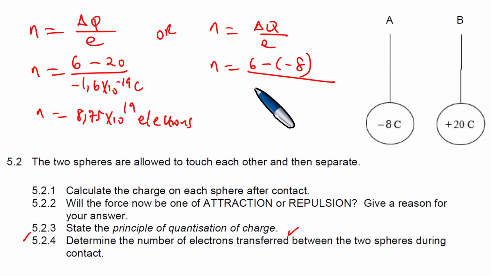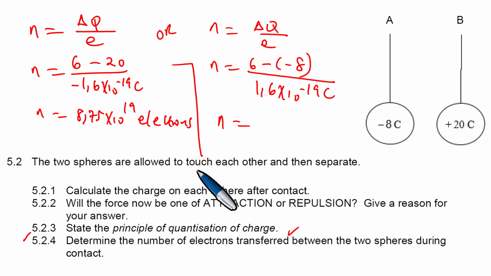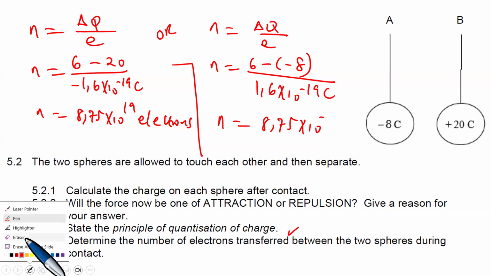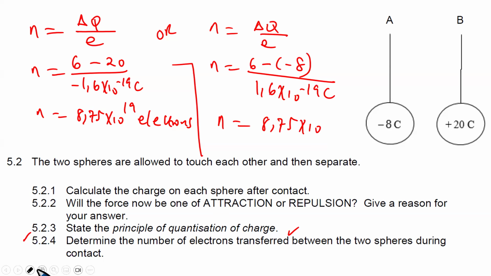Then you divide that by the charge, 1,6 times 10 to the minus 19 coulombs, and N is going to be exactly 8,75 times 10 to the power 19 electrons. So this will give us the number of electrons.